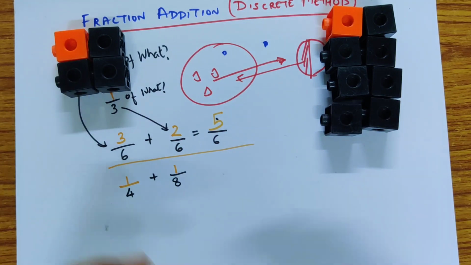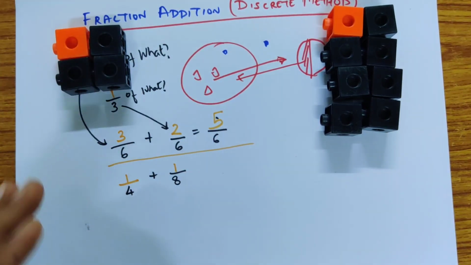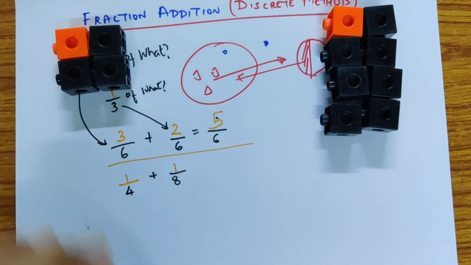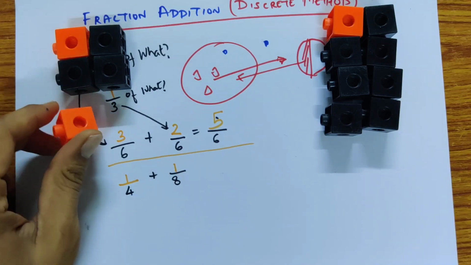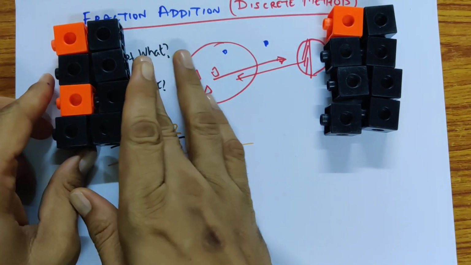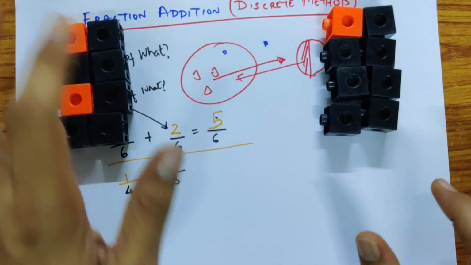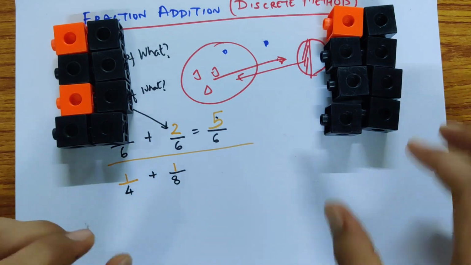I can't add the 2. But if I went up to 8, for the thing I have only 4 pieces. What is 1/4 of 8? So 1/4 of 8 is 1 out of every 4, another 1 out of every 4. Now there is the same kind of quantity. Here I can talk about 2 out of 8. Here I can talk about 1 out of 8. Now I'm okay. I can add.